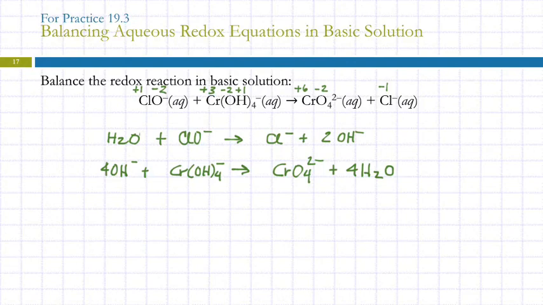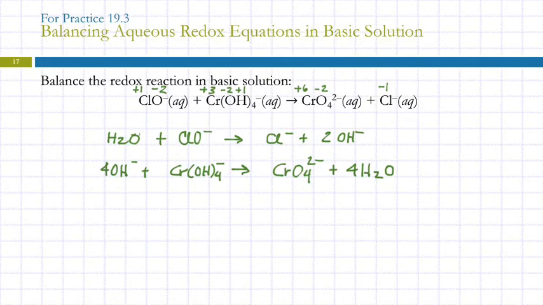Okay, now we have to balance charges. If you should end up with something where it's already charge balanced, that means you screwed up. Because if it isn't imbalanced with charge, then it's not a redox reaction, right? We've got to have electrons somewhere. So total here is -1 on the left, -3 on the right.